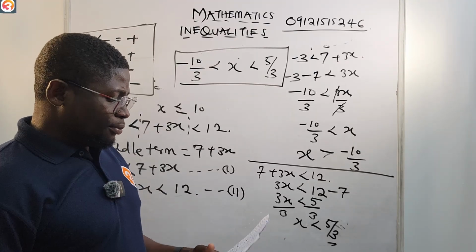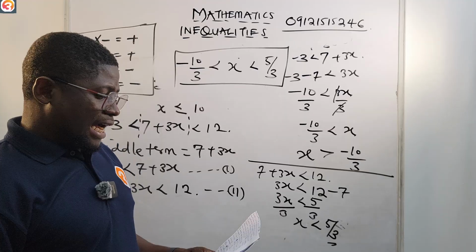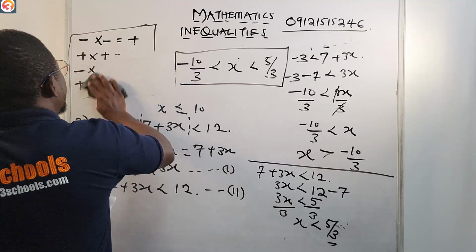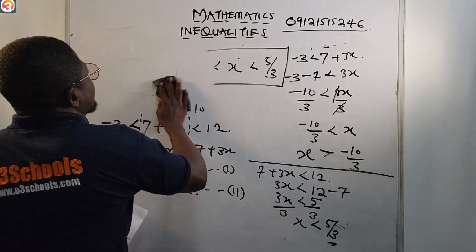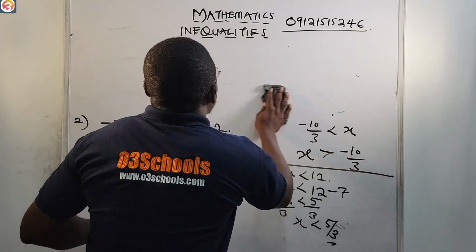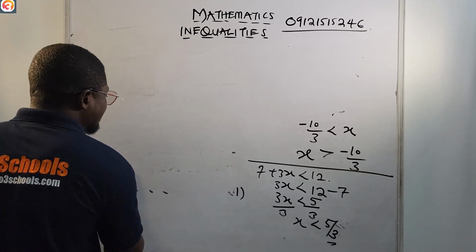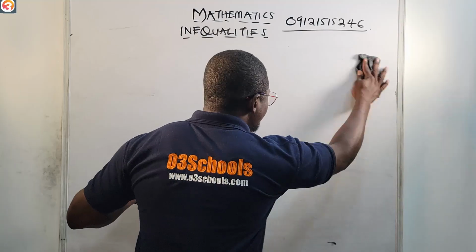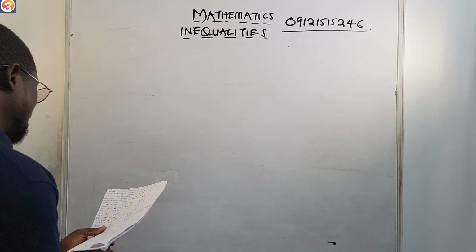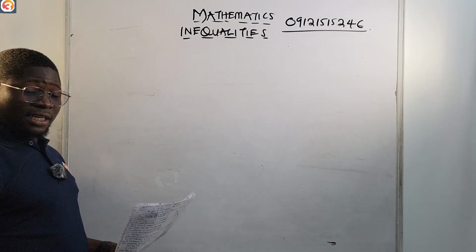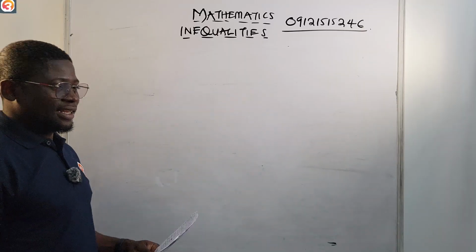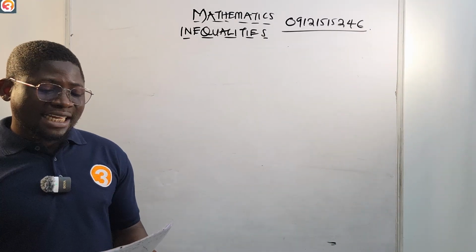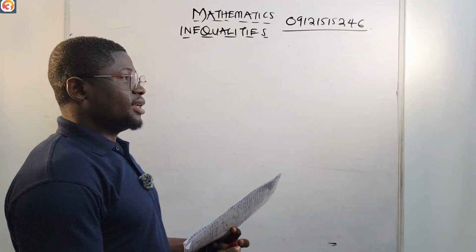Now let us see another example. List all integer values of x satisfying the inequality. Integers are either positive or negative. I'm reading the question out, so please be writing it. List all integer values of x satisfying the inequality.